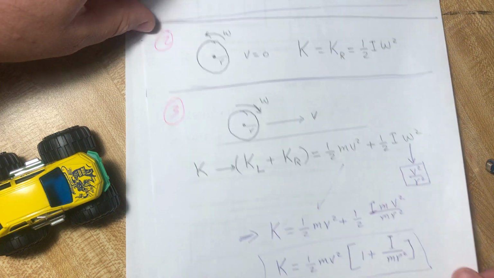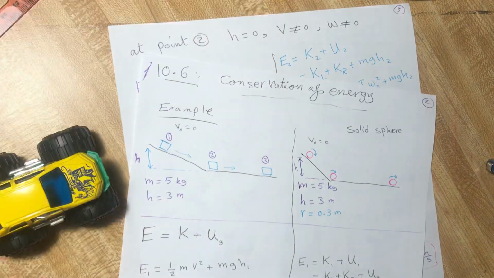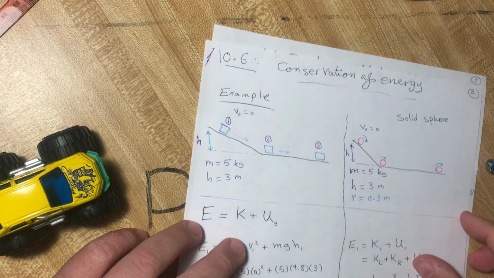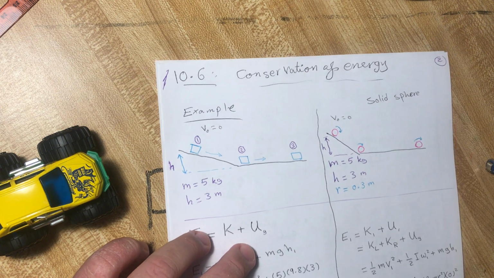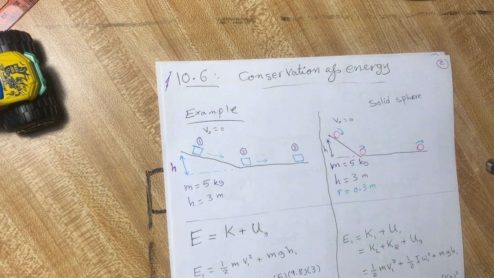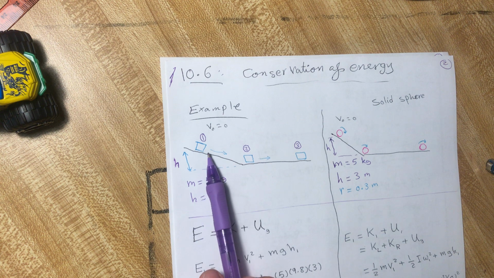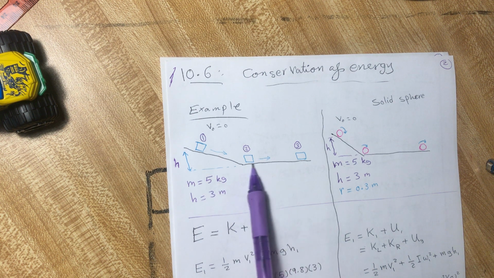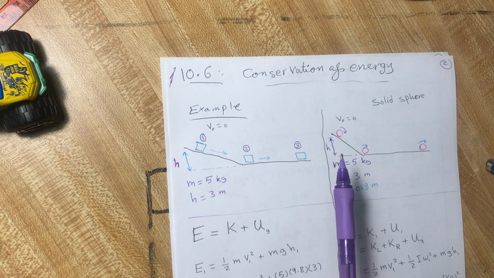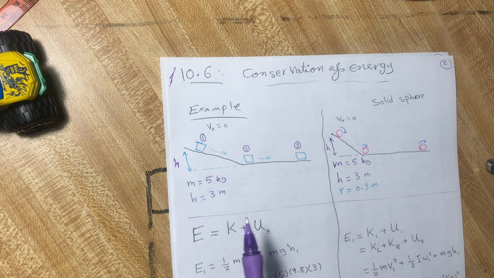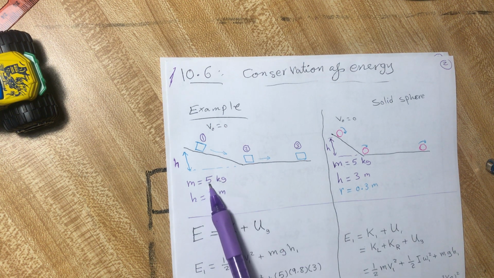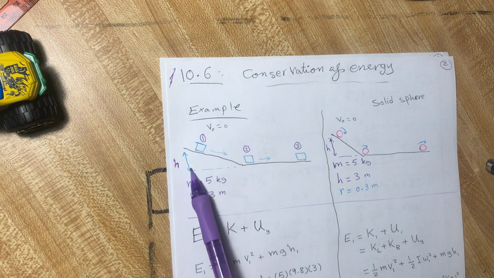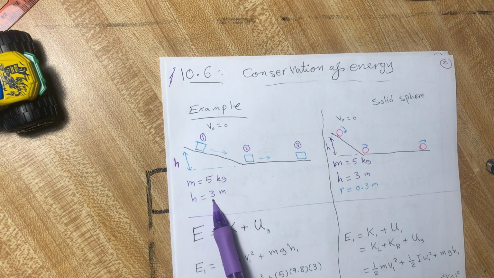Okay, look now at this example. It is easy to understand the idea using an example. What if we have a block sliding on a hill, then going on the horizontal level, with no friction in this system. The mass is 5 kilograms. The first altitude h is 3 from the 0 level.